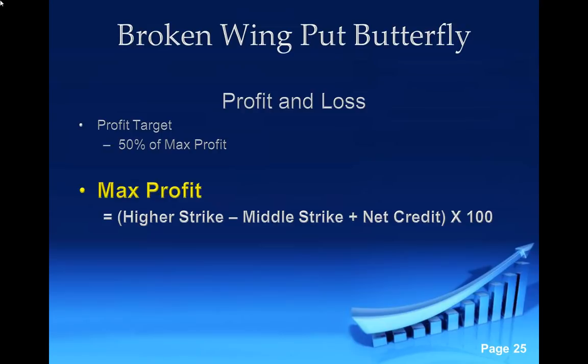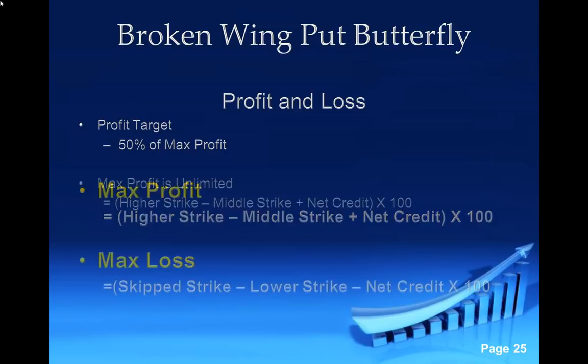So basically, it's the width of that smaller spread, not the broken wing one, plus the credit we received is our max profit. So if it's a $5 wide spread, like we were using in those couple of examples like Amgen, and collecting 46 cents, our max profit is $5.46, okay?